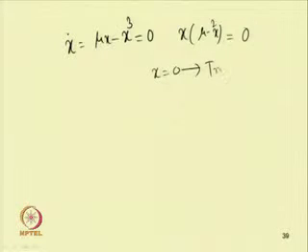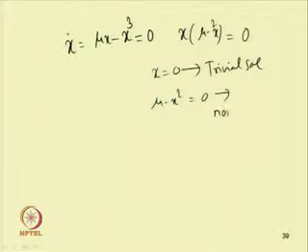For pitchfork bifurcation, it will be mu x minus x cube, and for the transcritical bifurcation point we have mu x minus x square. In this case, x into mu minus x square equal to 0. Here x equal to 0 is the trivial solution, and mu minus x square equal to 0 is the non-trivial solution.